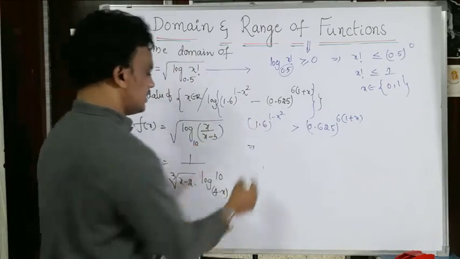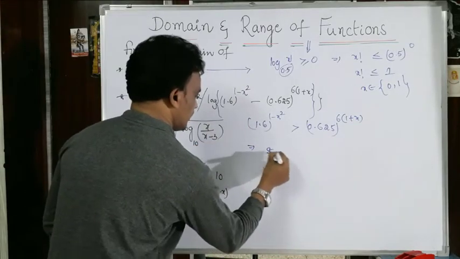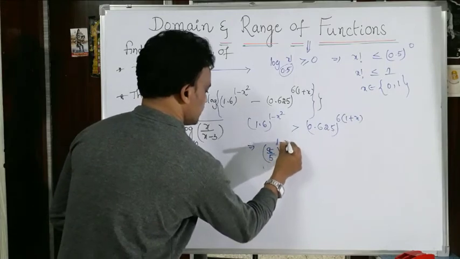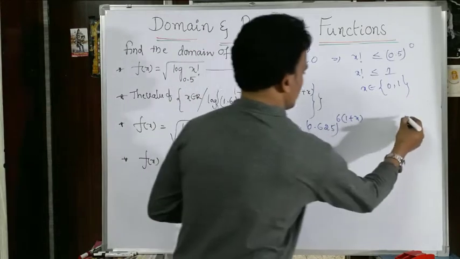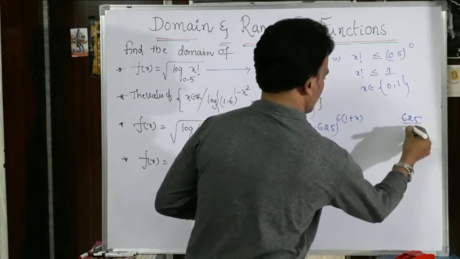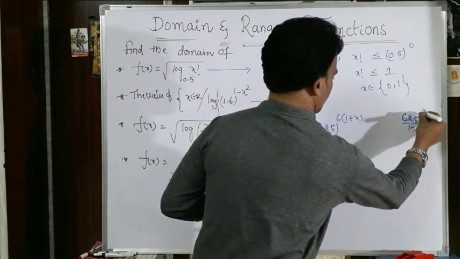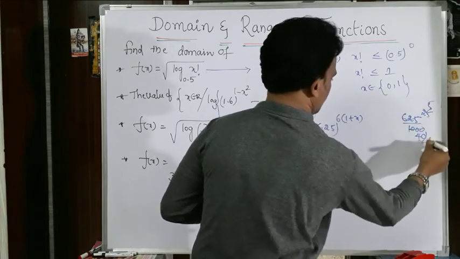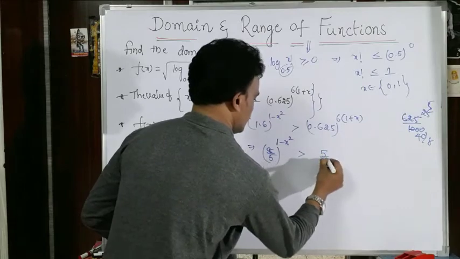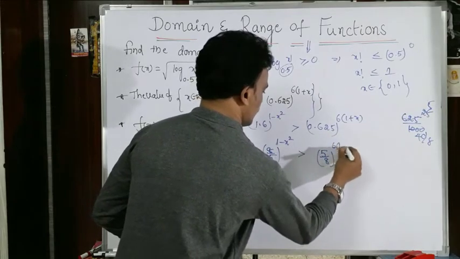So 1.6 is 16 by 10, which is 8 by 5, to the power 1 minus x square, is greater than. What about 0.625? It is 625 by 1000, which is 5 by 8, to the power log of 1 plus x.